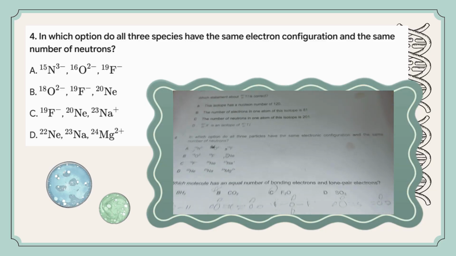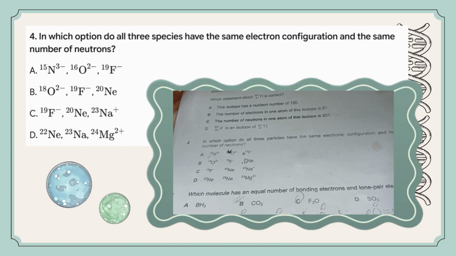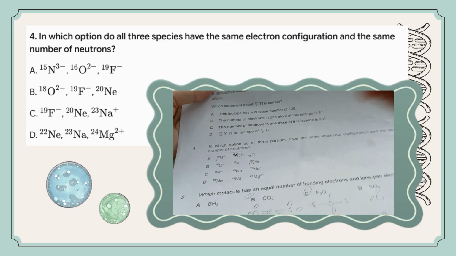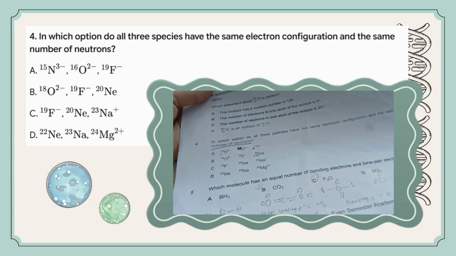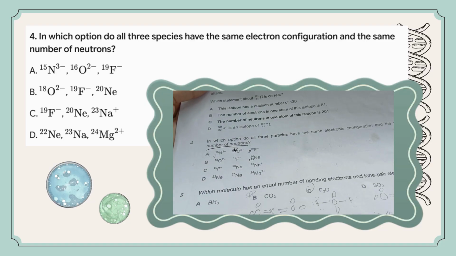Let's go to number 4. In which option do all three particles have the same electron configuration and the same number of neutrons? It's easier to find the number of neutrons than the electron configuration, so I will search by number of neutrons.